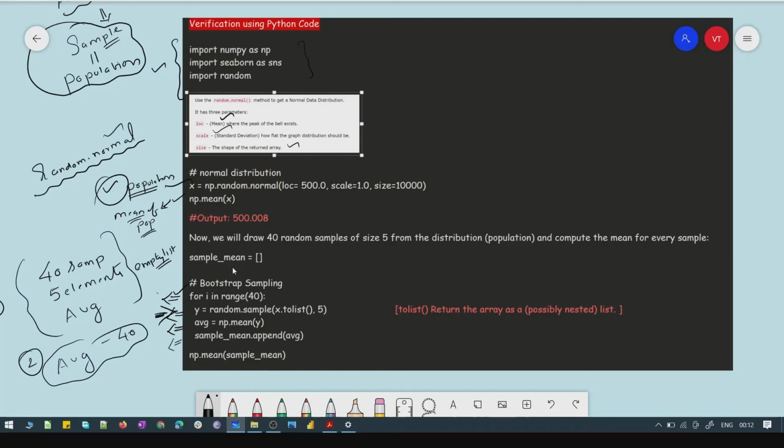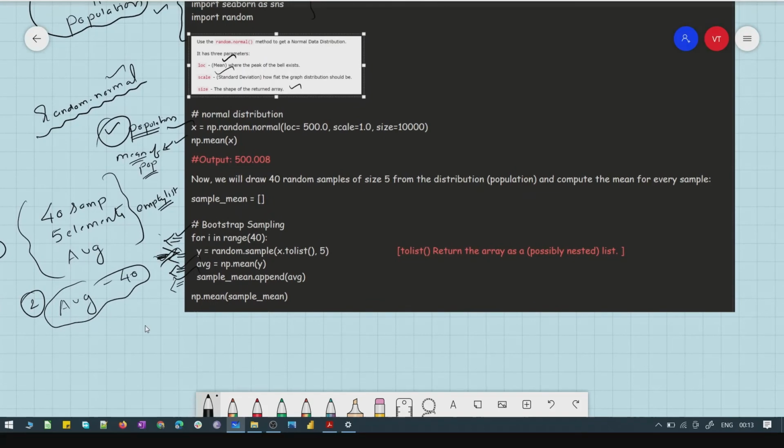Then I take 5 random samples from the population, and I find the average, which is the 3rd line of code. The 4th line appends those average values into my empty list. Once that is done, finally I find the mean of those 40 different entries that I have in the variable called sample_mean.